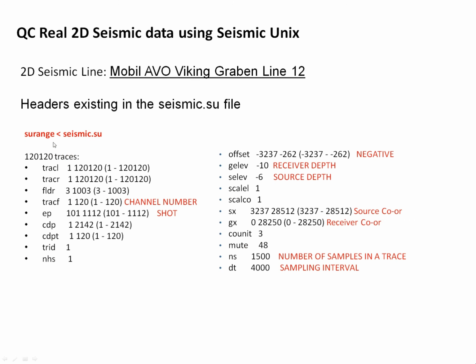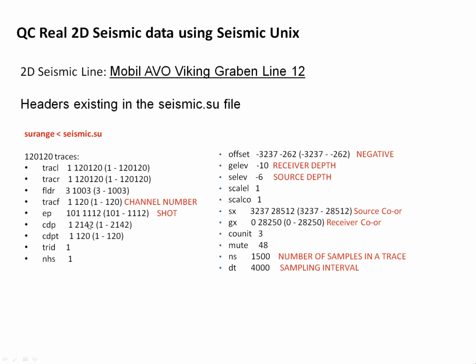Okay, and if you want to check which headers exist in your file, you can just run this command, su-range, on this seismic.su file. It will give you all the headers that exist in this file.